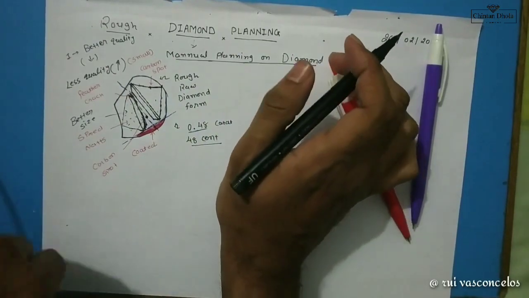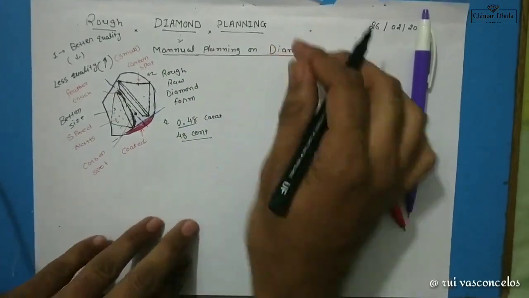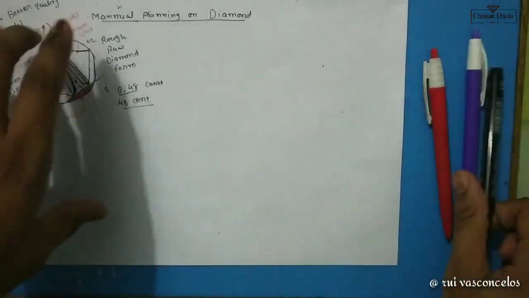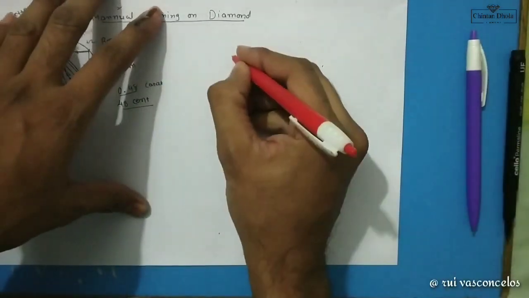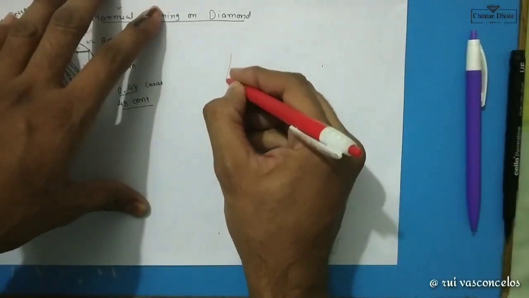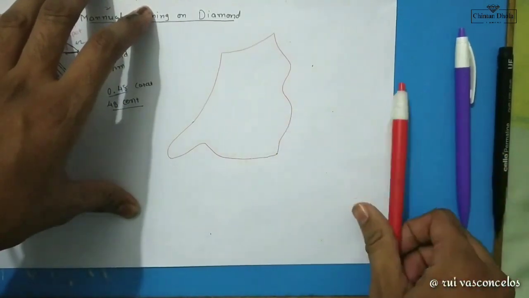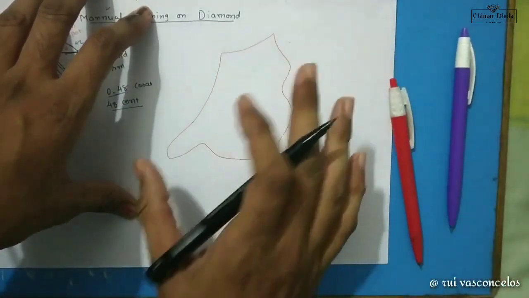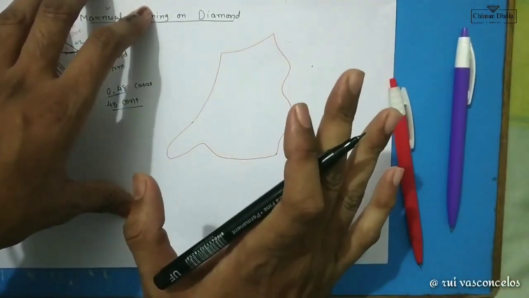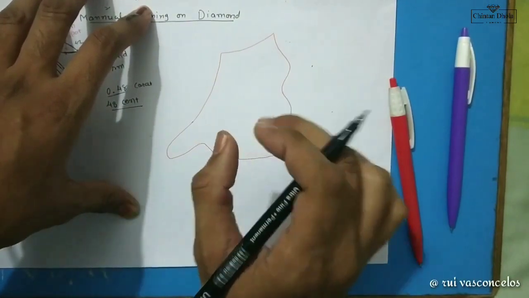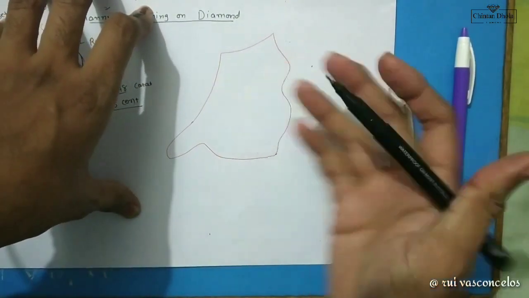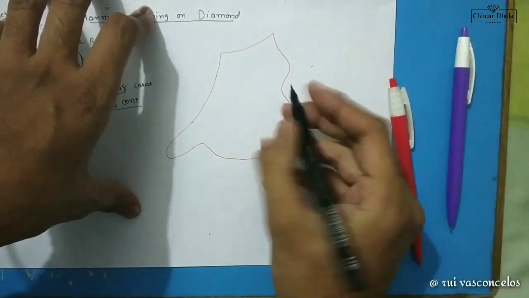Now we can take another example of that. For example, we have, now what to do on that. Now there are different types of impurity in this diamond. Firstly, I will take one example and I will show you in my video also.